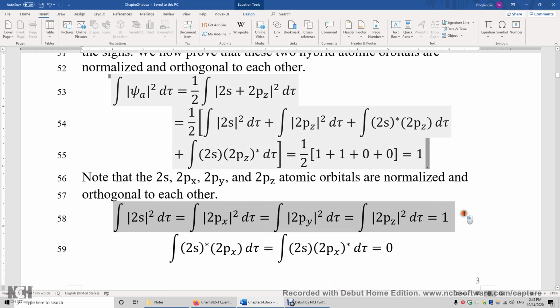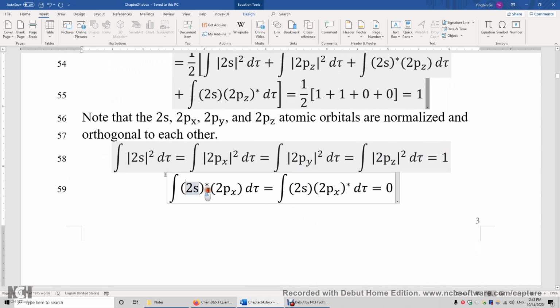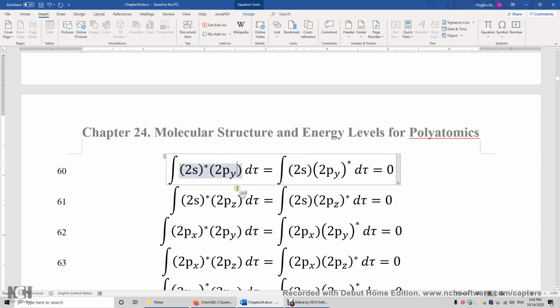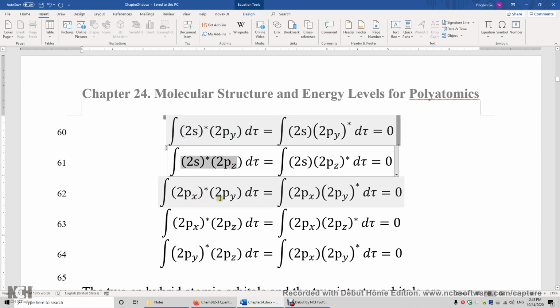So again, these atomic orbitals, each of them is normalized. And they are orthogonal to each other. We're talking about the 2s orbital and the 2pz orbital centered on the same atom. So same here. These two are orthogonal to each other.